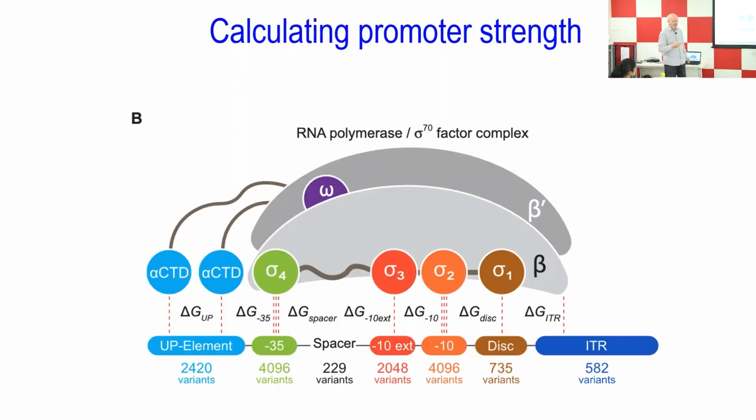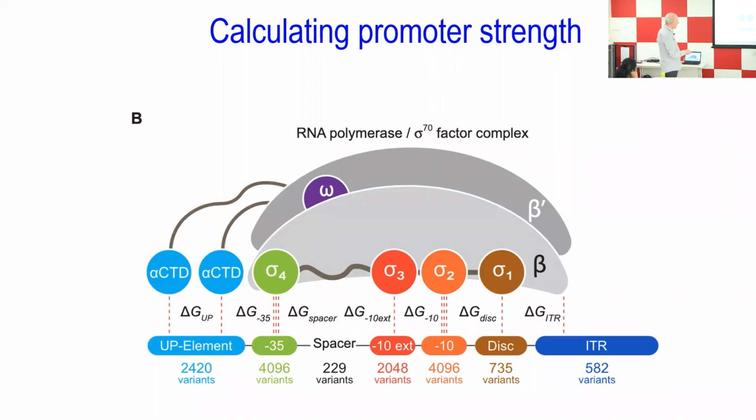Okay, so molecular biologists and biophysicists for a long time have been interested in analyzing every possible interaction of RNA polymerase with the target DNA sequence. They have identified a large number of sequences present in the promoter site that interact with RNA polymerase.